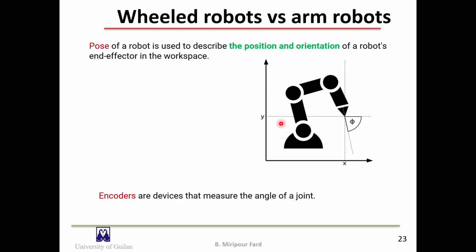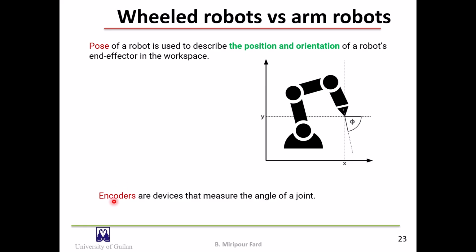The pair X and Y shows the position of the end effector, and phi shows the orientation. And if we want to report the pose of a robot, we should do it with X, Y, and phi.